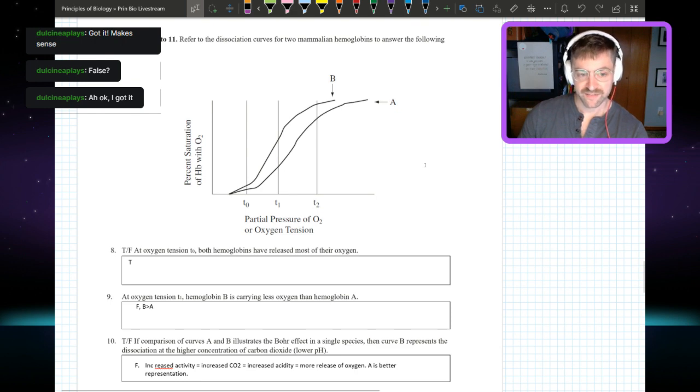Or option B, curve B would be the lower temperature curve, and A would be the higher temperature curve. The choice is curve B. Again, in comparison, curve A releases more of its oxygen at the same partial pressure of oxygen compared to curve B.